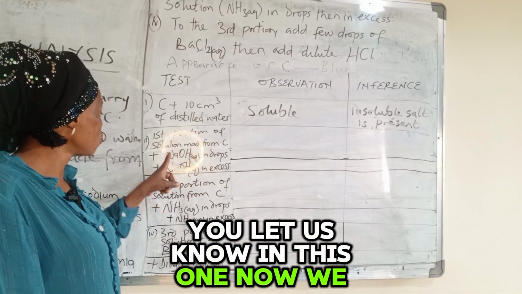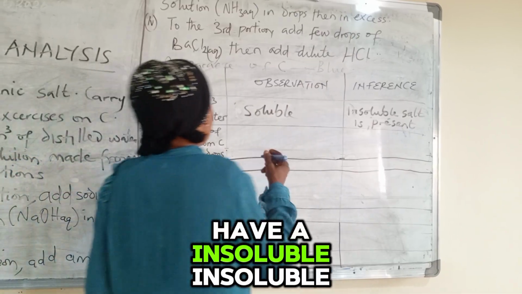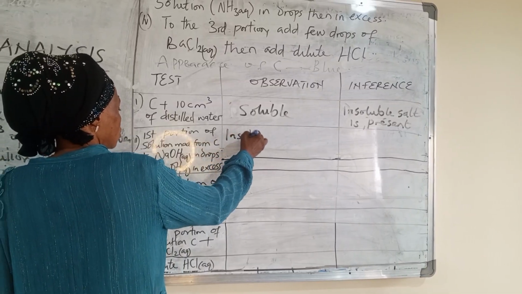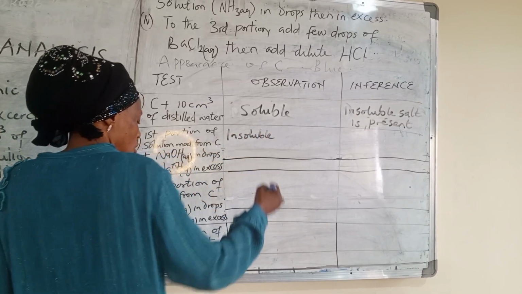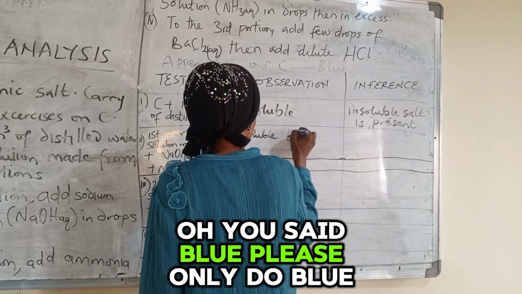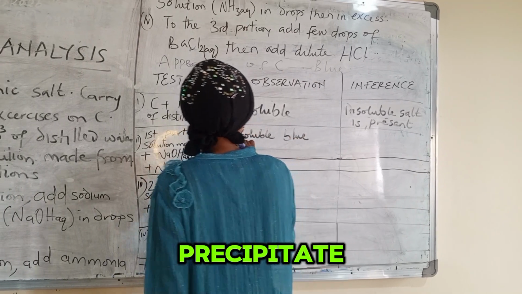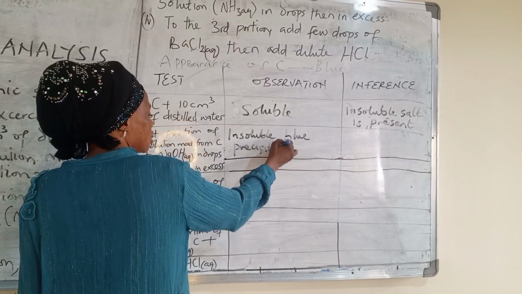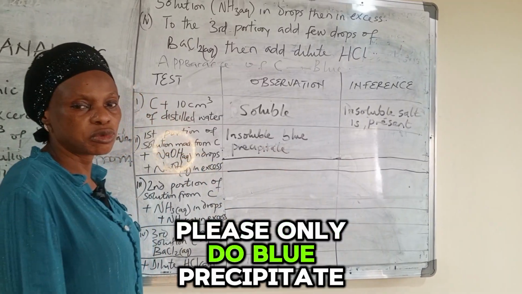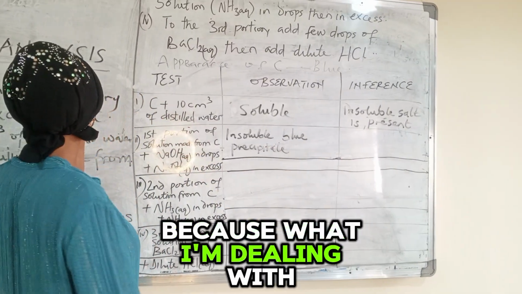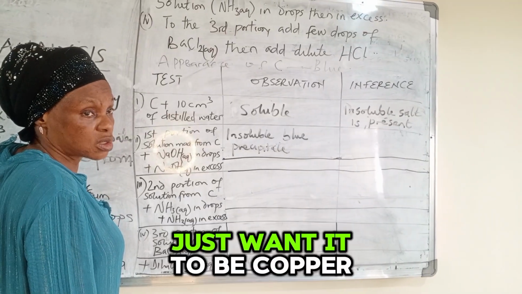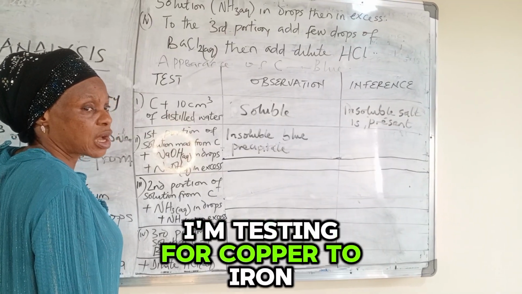In this one now, we have insoluble blue precipitate. Because what I'm dealing with, I want my C to be copper. I'm testing for copper 2 ions.